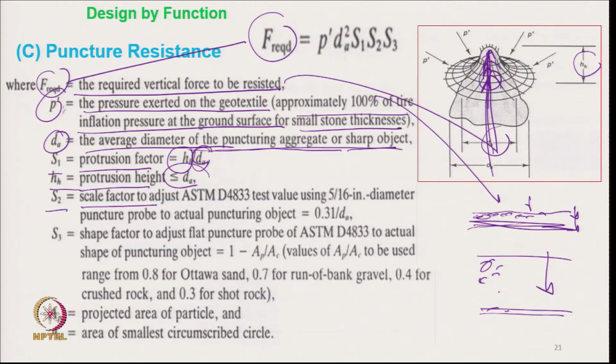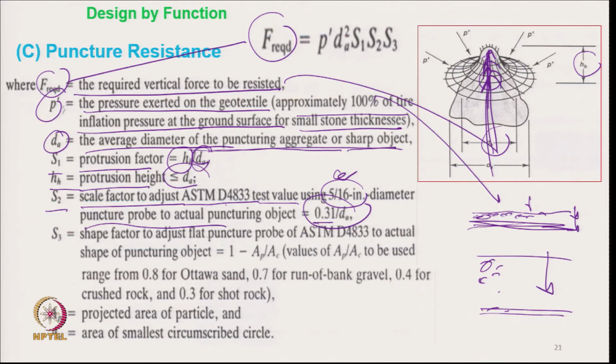S2 is the scale factor adjusted as per the ASTM standard test, where we use a 5 by 16 inch diameter puncture probe as per ASTM D4833. In that we use the puncture diameter as 5 by 16, that means it is coming out to 0.31 by dA.